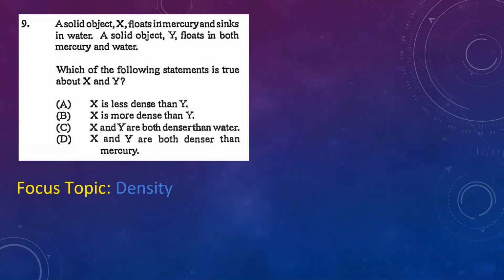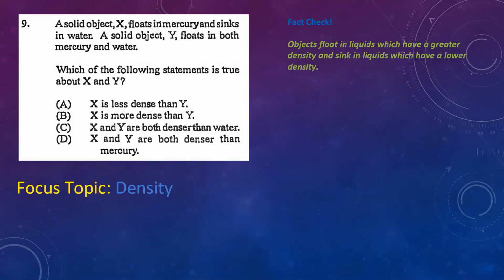Number 9, a solid object X floats in mercury and sinks in water. Another object Y floats in both mercury and water. Which of the following statements is true about X and Y? And we know that objects float in liquids which have a greater density, but will sink in liquids which have a lower density.